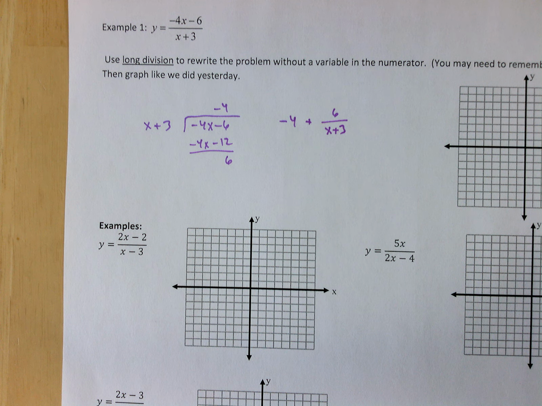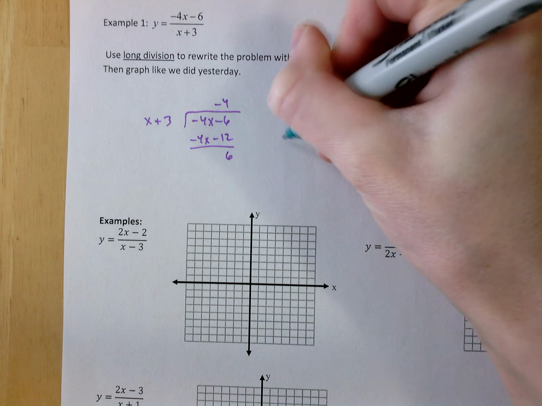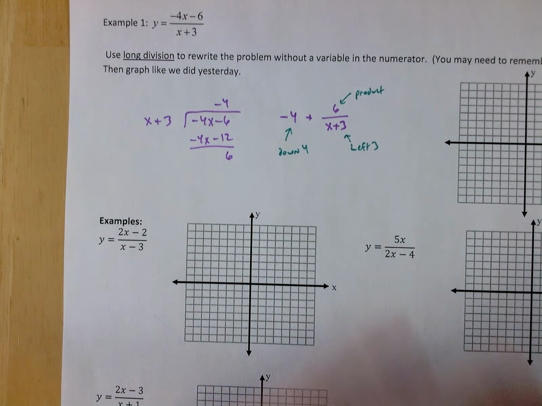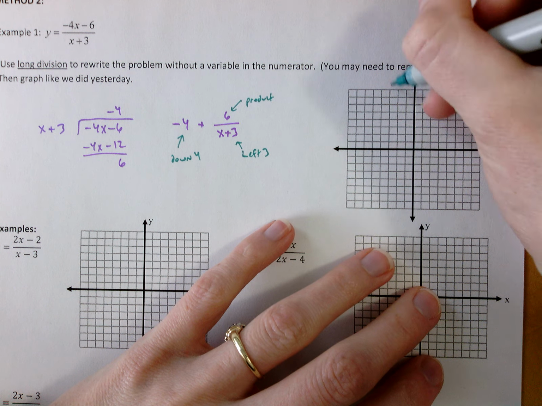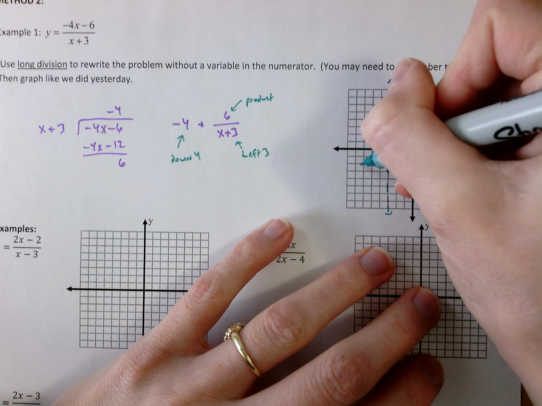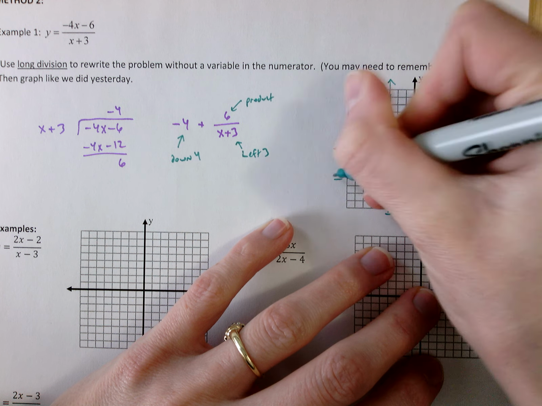From there, this is just like the ones that we did in our last class. I've got my product number up here. This is a shift left 3, and this is a shift down 4. So when I go to graph this, here's my left 3, here's my down 4, and then I have a product of 6.